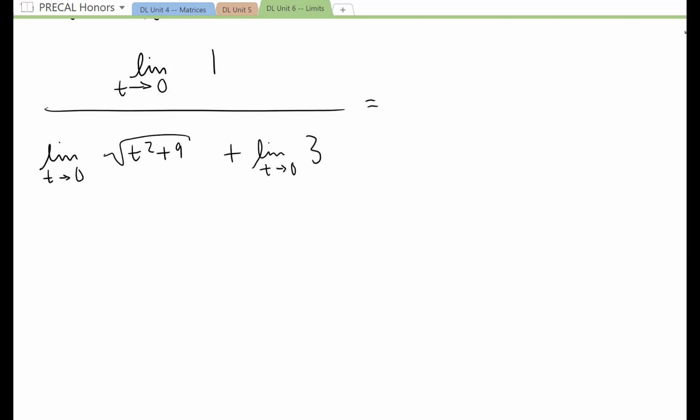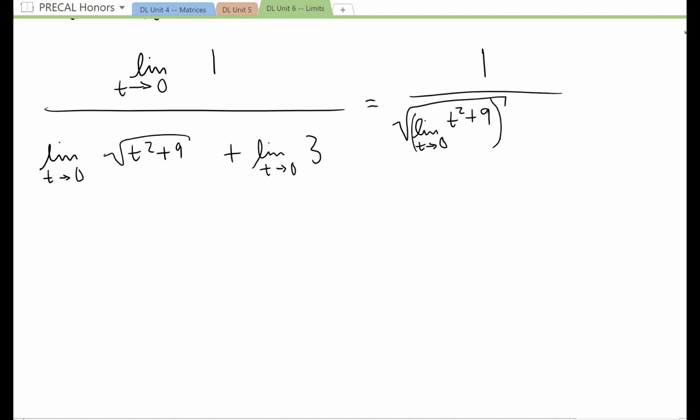The limit of 1, or a constant as t approaches 0, is simply that constant. The limit of a root is the same as the root of that limit. The limit of a constant as t approaches 0 is simply that constant.